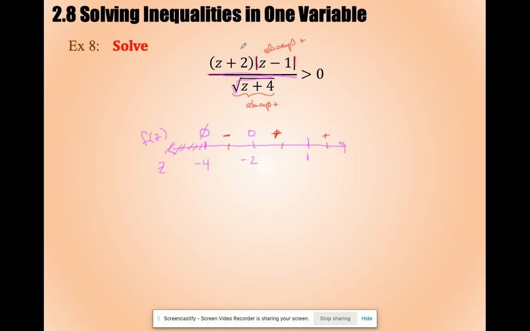So the only thing I have to worry about is when is this linear factor equal to 0, and then when is it greater than 0, was really all I was being asked. Since this time I am not including 0, right? There's no equal sign underneath there.